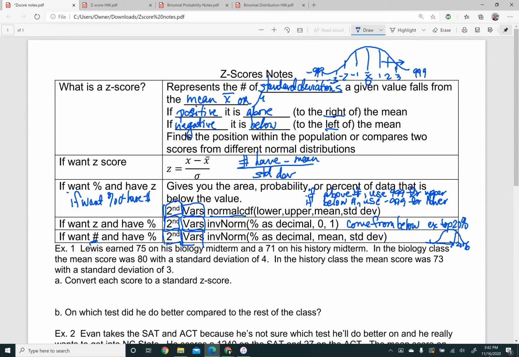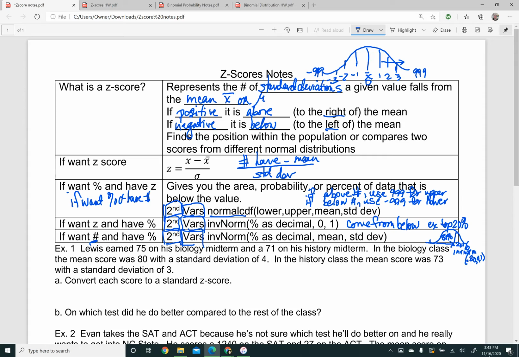So if I put in inverse norm 0.20, then that wouldn't work because that would give me down here. I really need to do the inverse norm of 80%. So for this particular problem, I would say the inverse norm of 80%, and 0 and 1 or whatever it is. Okay. And so that's what I would need to do. Those are all the notes that I can think of that you need for this.